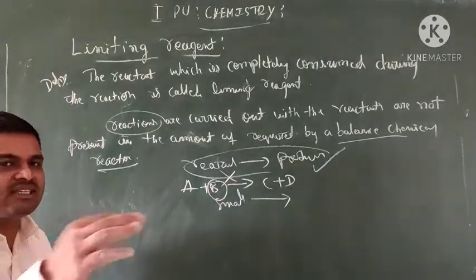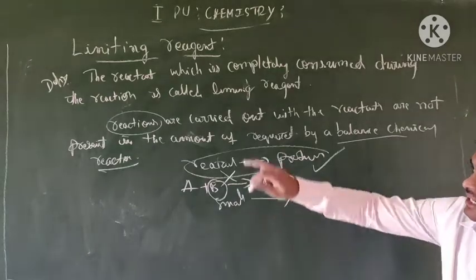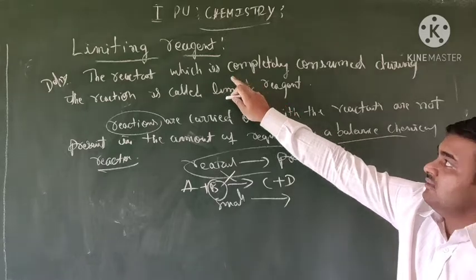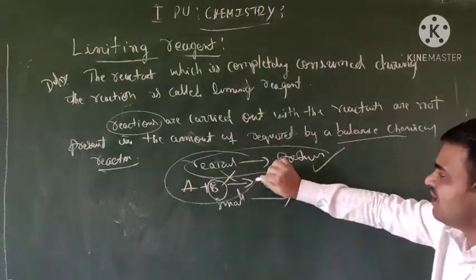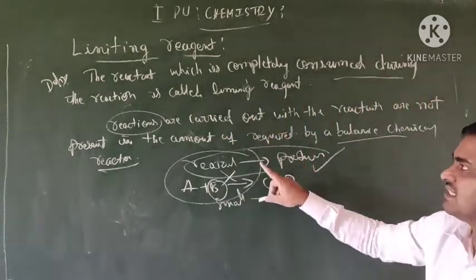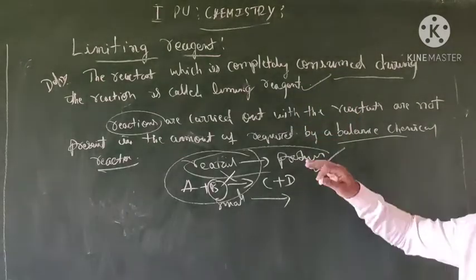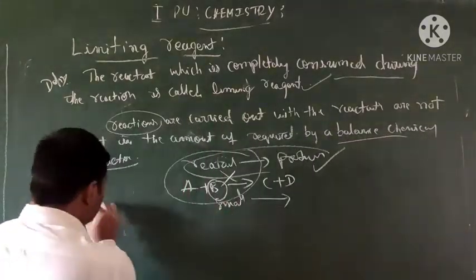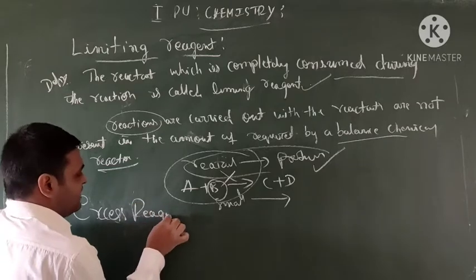Going to the definition of limiting reagent: the limiting reagent is the reactant which is completely consumed during the reaction. Sometimes a reactant is not completely consumed. We call this excess reagent.